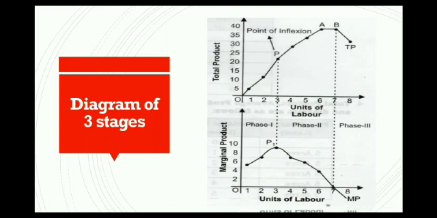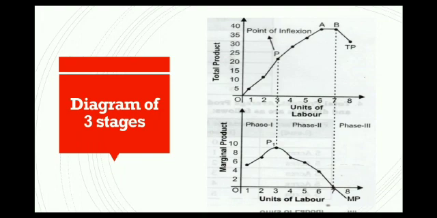The stage comes to an end when marginal product equals 0 and total product is maximum and constant. The firm would like to operate in the second phase because TP is maximum and there is proper utilization of fixed factor.